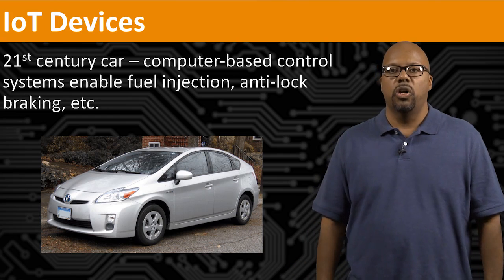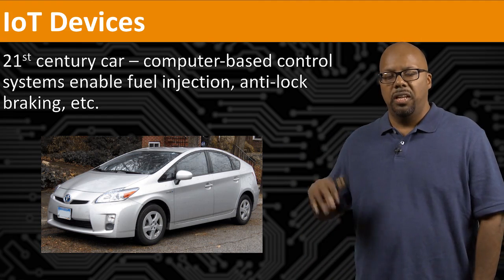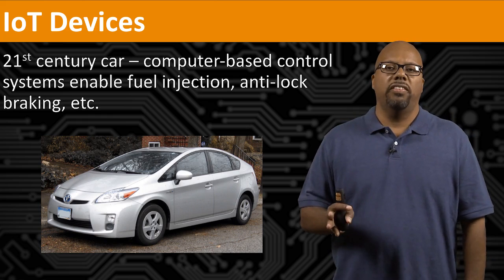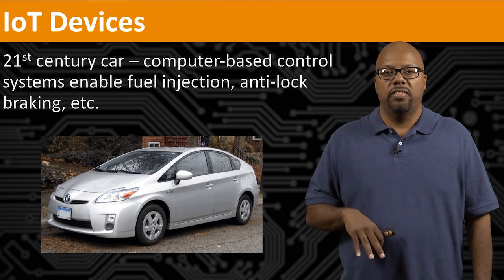But nowadays, cars have lots of computational intelligence. Let's take a look at this 21st century car. It looks like a Prius, I think. This car has lots of chips in it, so lots of processors. That car might have over 50 processors in it doing different tasks.